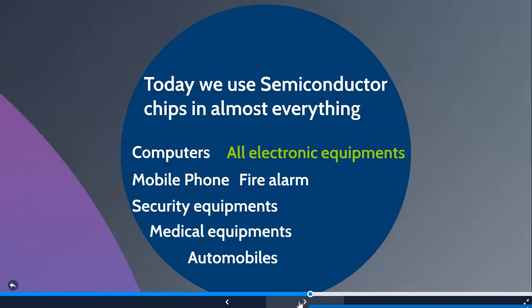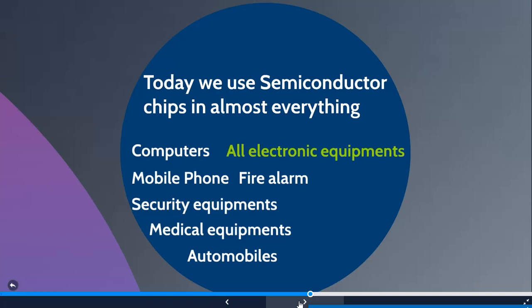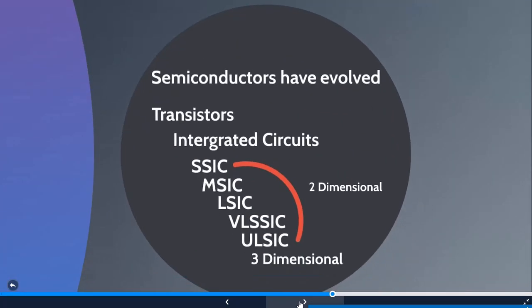So the semiconductors today are used in many electronic gadgets. You take any electronic gadget, it contains semiconductors, like computers, mobile phones, firearms, security equipment, medical equipment, automobiles, solar cells, solar systems, transmission systems, communication systems. You just name it, any electronic gadget has them.